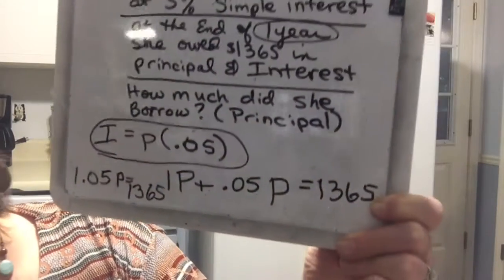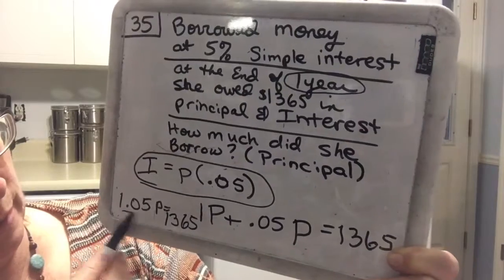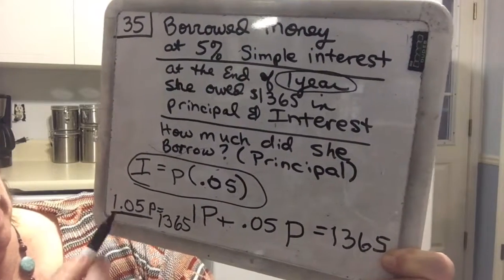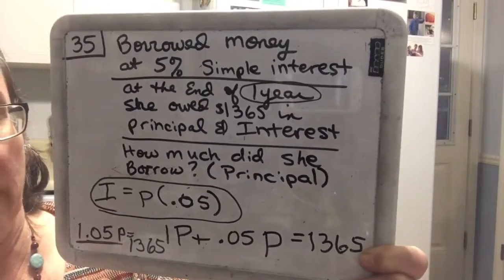Okay, so now to find my principal, all I'm going to do is divide both sides by 1.05, and I'm going to get my calculator and put in 1,365 divided by 1.05, and I got that she borrowed $1,300.